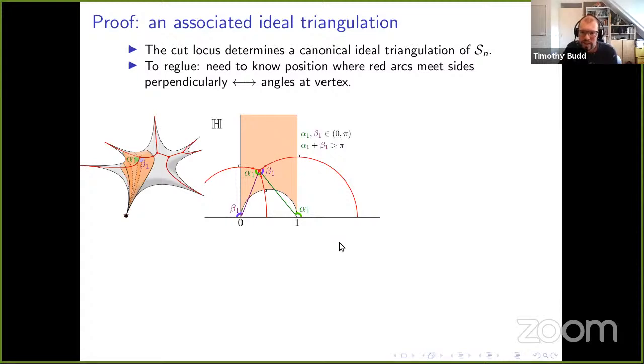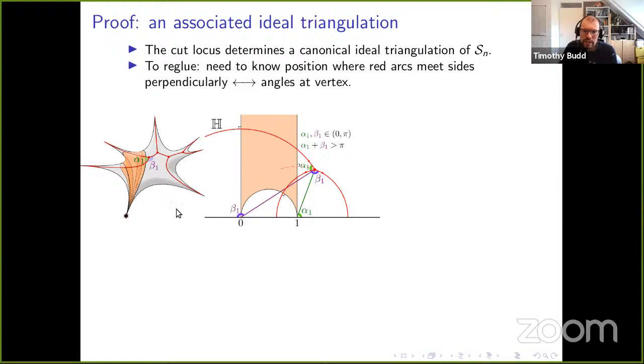Now there is one detail here that I have to discuss, and that is that it's not necessary that this vertex is actually located inside of the ideal triangle to which it's dual. It can also happen that it's outside of this triangle. And this is what slightly complicates the story. Why is that?